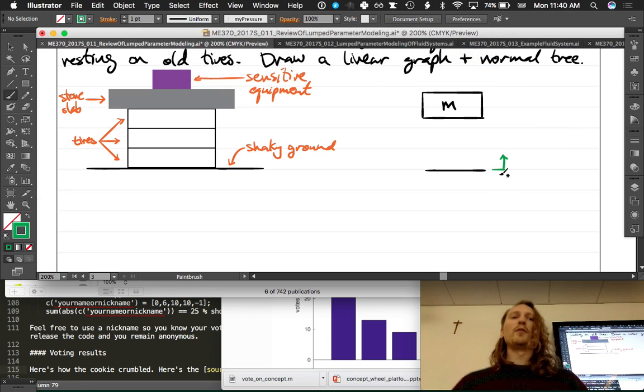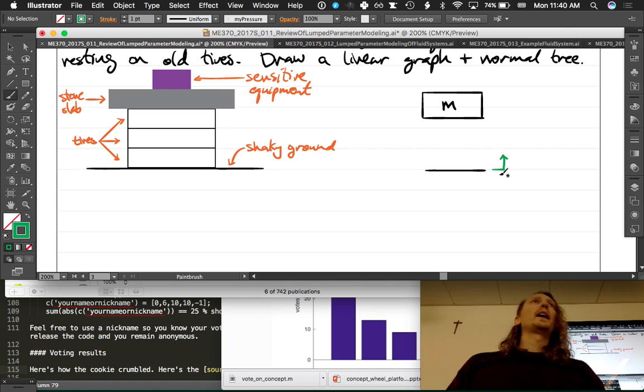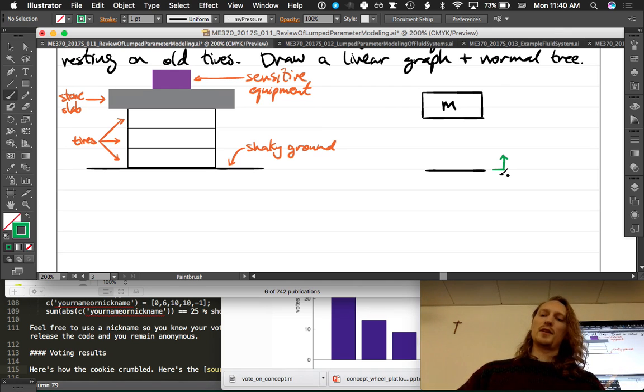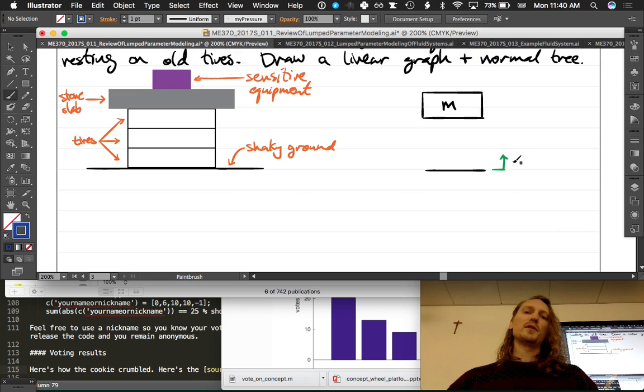It could either be a force source or it could be a velocity source. Most likely, we're going to want to measure it. It's probably most easily modeled as a velocity source. We're going to measure this thing as a position, probably, that's moving. And so, yeah, it's probably most easily modeled as a velocity source.